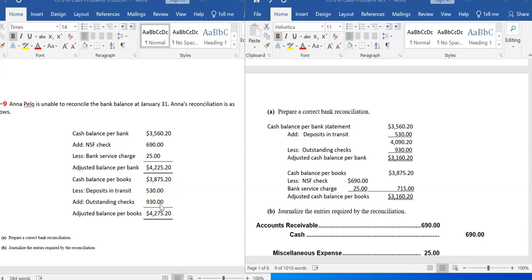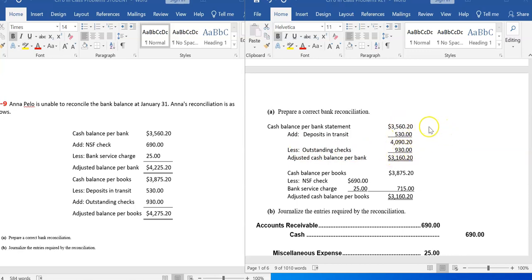That $930 of outstanding checks means the bank hasn't yet processed those checks. So the $930 hasn't been subtracted from the bank balance yet. Once the bank finds out that those checks occurred, those will be deducted from the bank balance. So it needs to be reported on the bank side of the reconciliation.